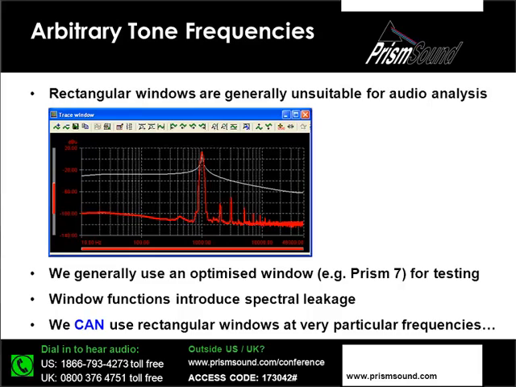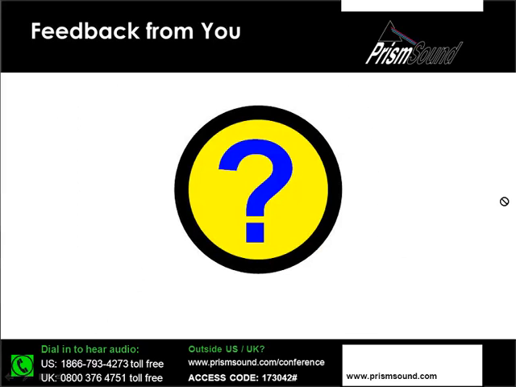However, we can potentially use a rectangular window function if we're very careful about the frequency that we choose for our analysis. And before I provide you with an explanation here, I'm going to once again ask you a question, and this will again help me to contextualize the level to which you are already familiar with this material.